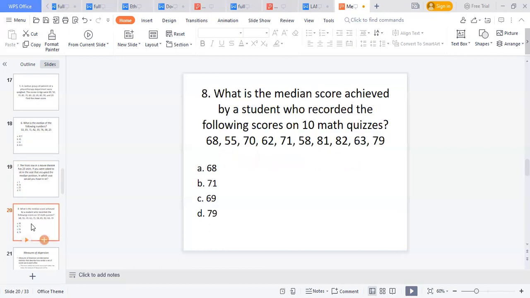Next question. What is the median score achieved by a student who recorded the following scores on 10 maths quizzes? So these were the different values or percentages that the individual scored.